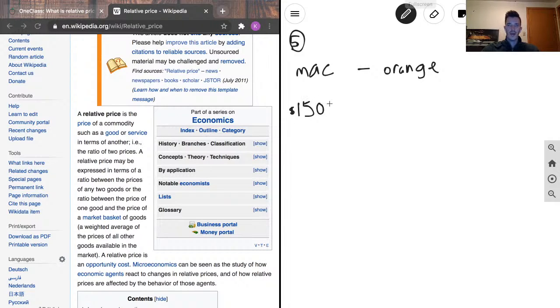I'm rocking like a 10-year-old Mac right now, I don't think it's worth anything near that. And an orange is like $2. So given the relative price, the ratio between the two, we're looking at a relative price of like $750.